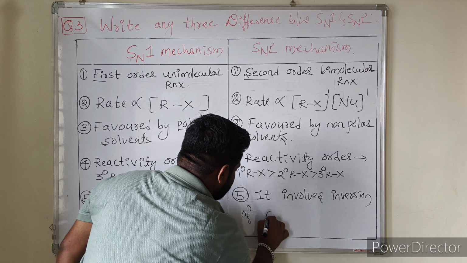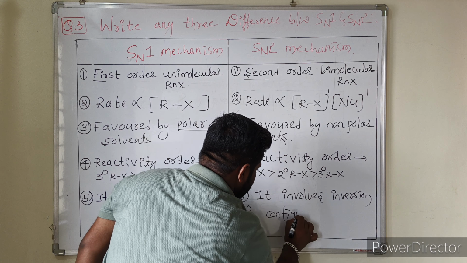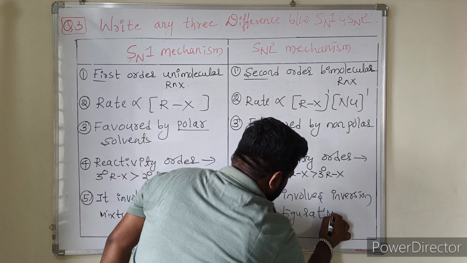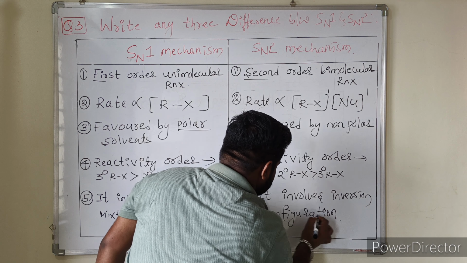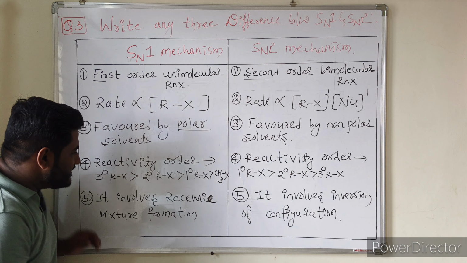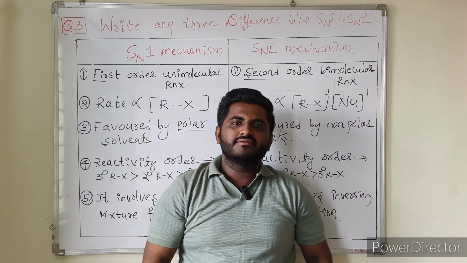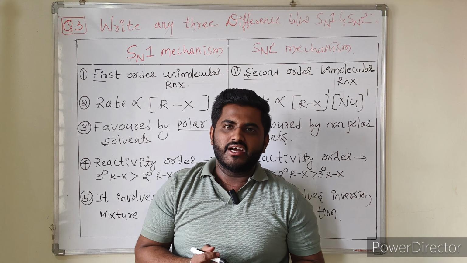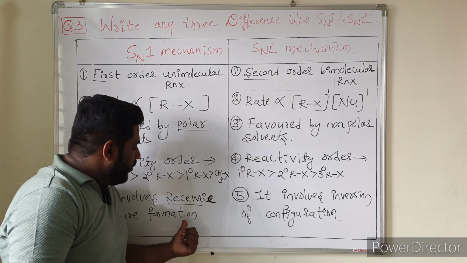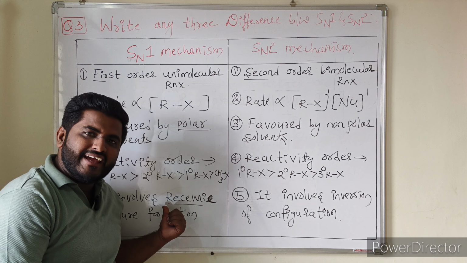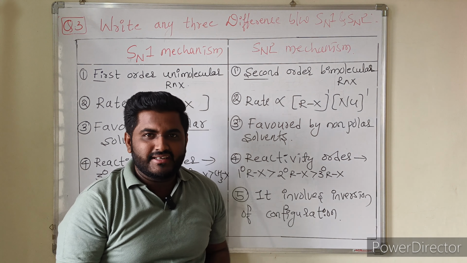What is a racemic mixture? Both D and L isomers. In the next video, I will explain enantiomers, and you will come to know. It means in SN1 both back side and front side attack takes place. Here, only back side attack takes place.